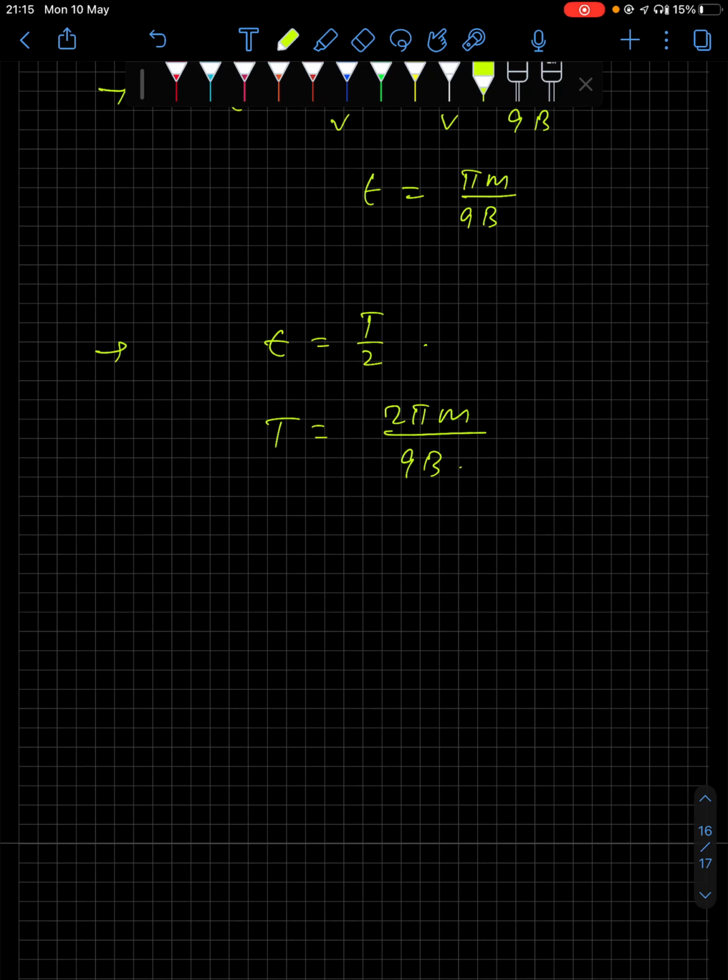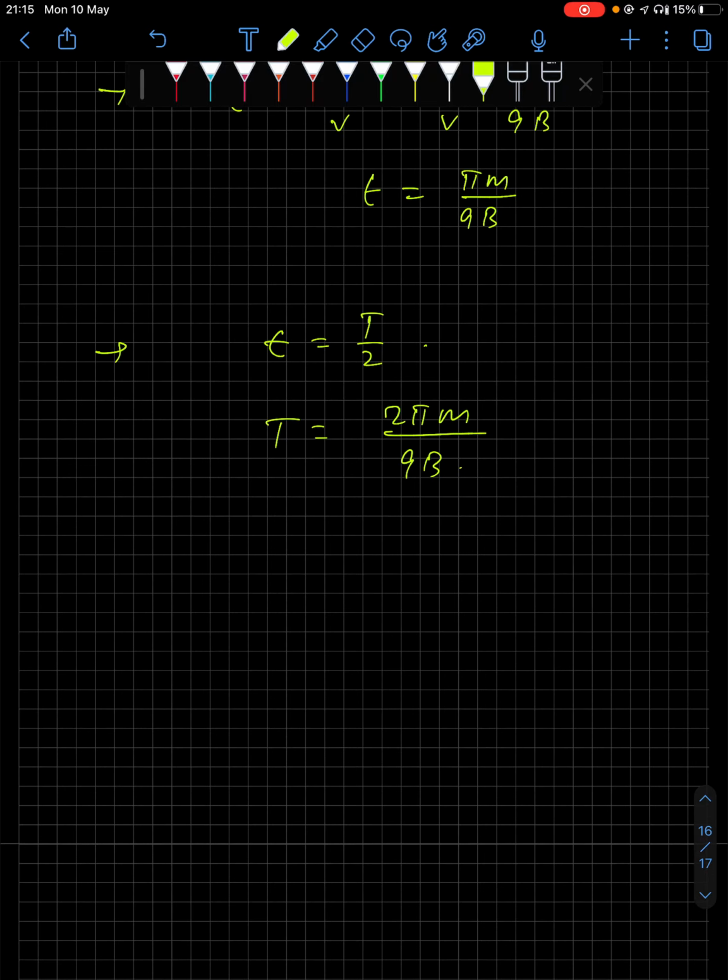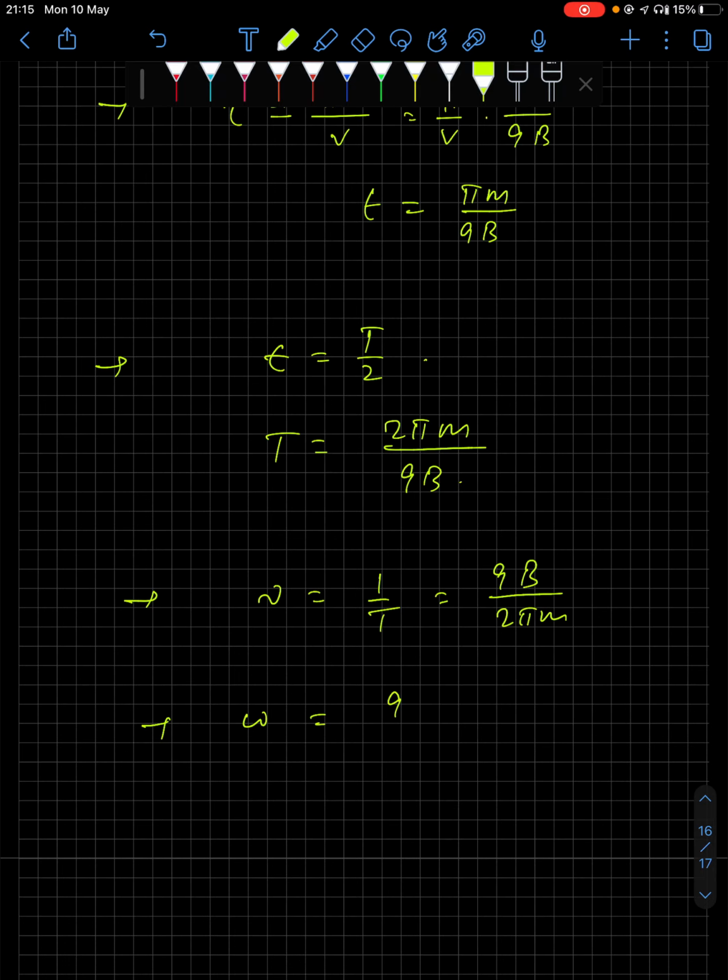Energy will come at last. After this, we have the cyclotron frequency, 1 by T, which is also qB by 2 pi m. Then we have the angular frequency of the cyclotron, that is qB by m.